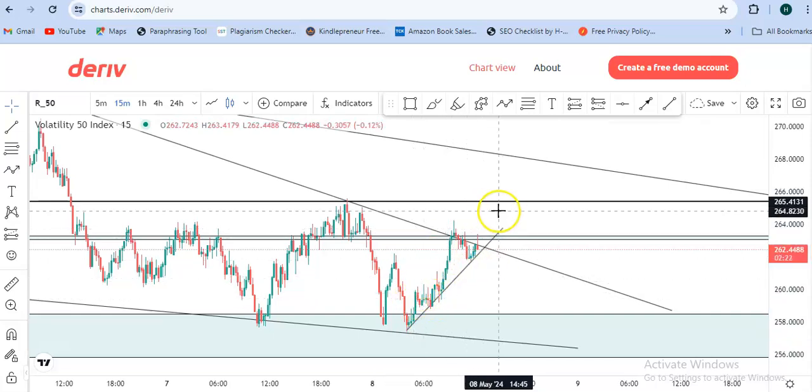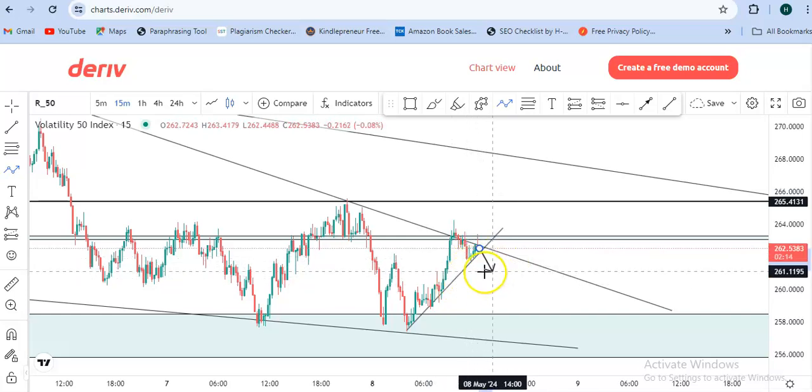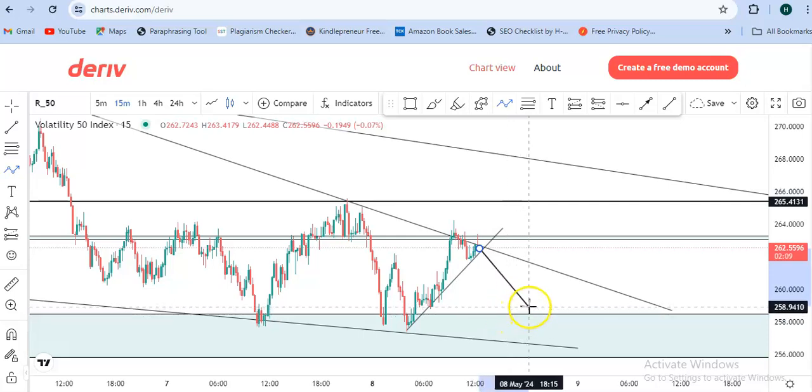There's a chance the market is going to sell first. So the sales wouldn't be a really long one, but if the market can go below this trend line here, I want to see some sales to the downside, maybe at least somewhere here.